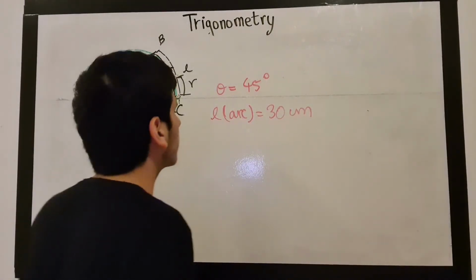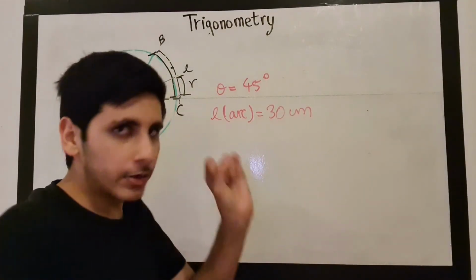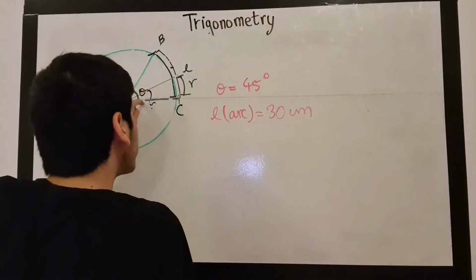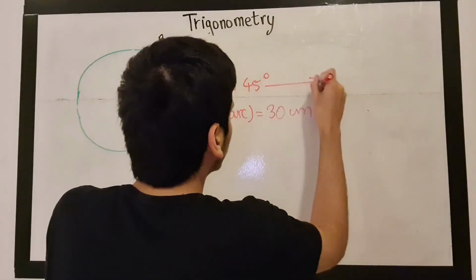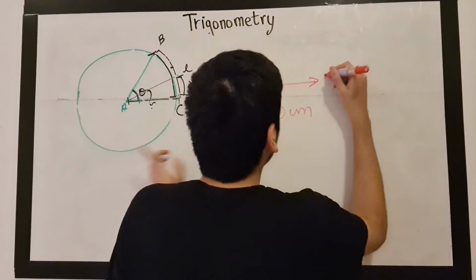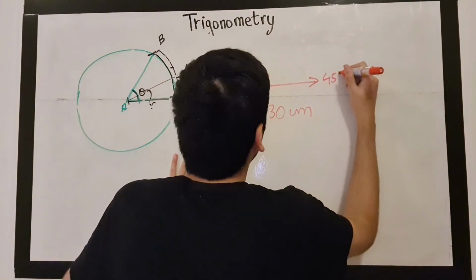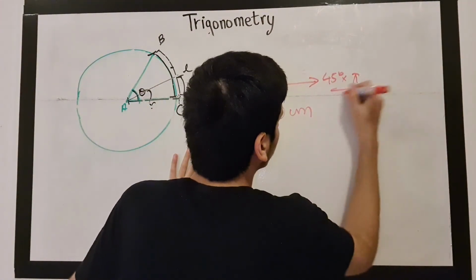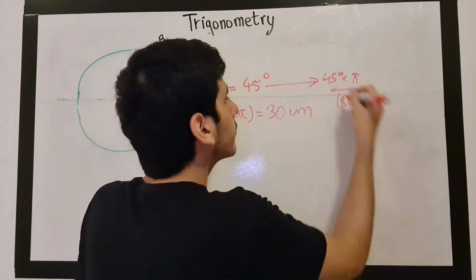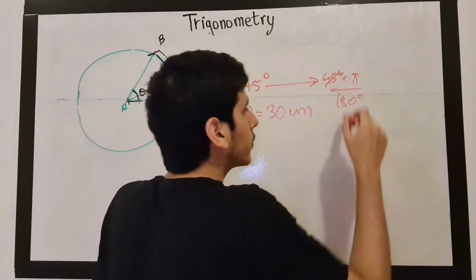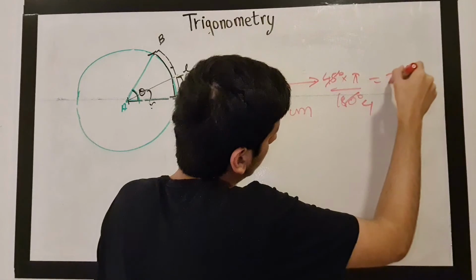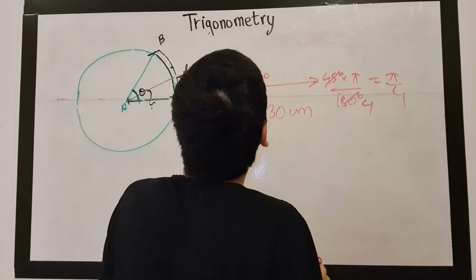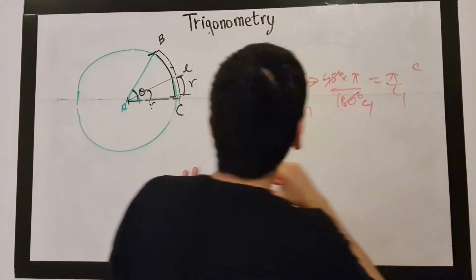It's very simple. Here, theta has been given in degrees, not radians, so we have to put it in radians first. What is 45 degrees in radians? We know the relation between radians and degrees: 45 degrees times pi over 180 degrees. 45 goes 4 times, so that's just pi by 4 radians.